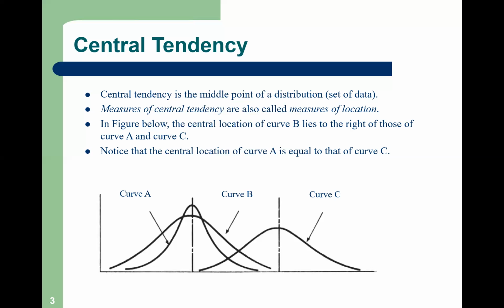It is a lengthy task. So to present data, there should be some central value. Therefore, this central tendency comes to our mind. The central value tells us this is the center of the data and all the data is around this center.